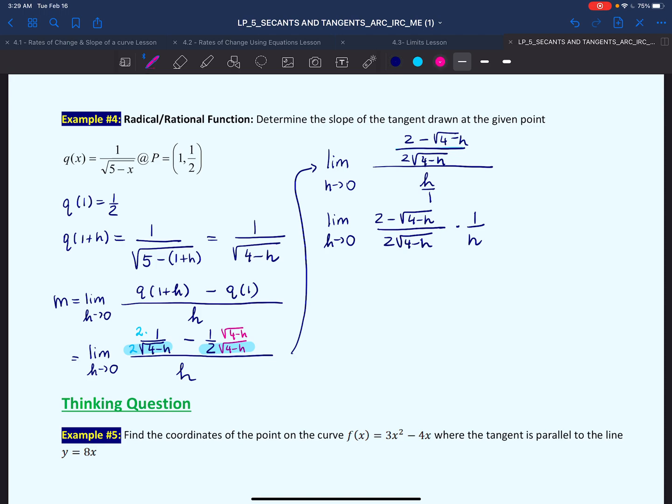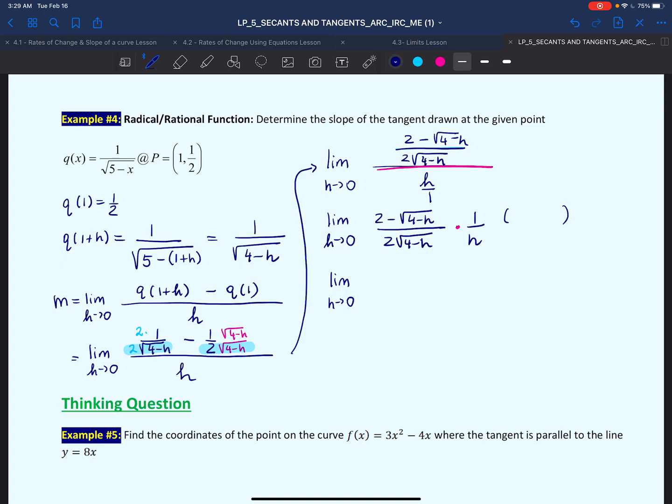Okay, so we turn this division into multiplication. Now the idea is that we want to simplify h, because h is about to become 0. And if h is 0, you will make the denominator 0, and the expression undefined. So we need to bring some h in here. The only way to bring h into the numerator is by multiplying by the conjugate of the numerator.